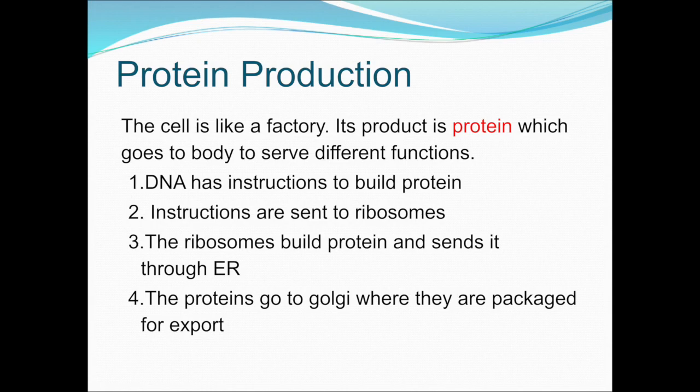The ribosome will provide the protein to the endoplasmic reticulum. Then the endoplasmic reticulum will provide the energy or the protein to the Golgi body, and then the Golgi body will develop the energy, and it will give it to the neighboring cell or to the tissues or to the whole body. So that is the protein generation.